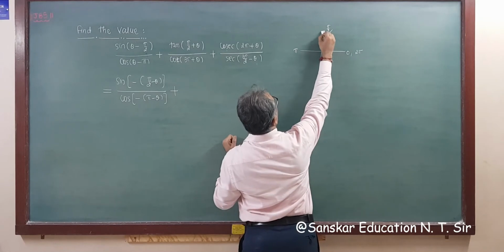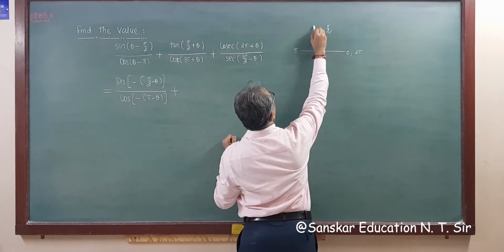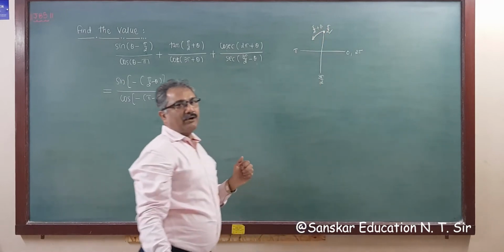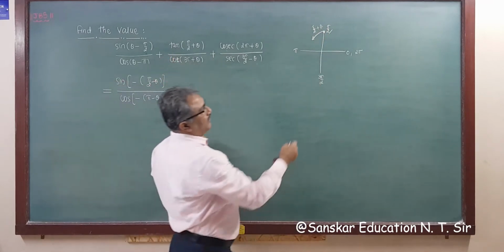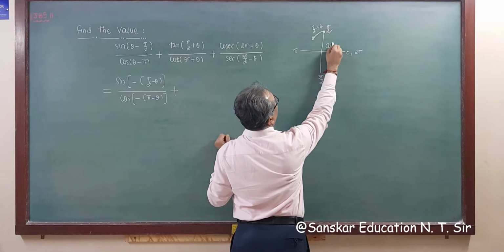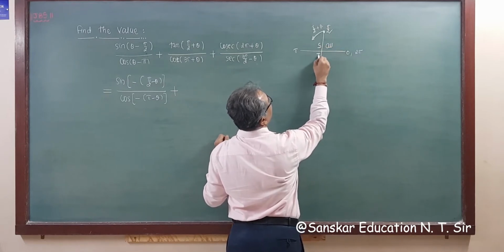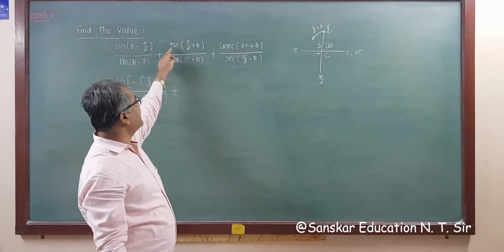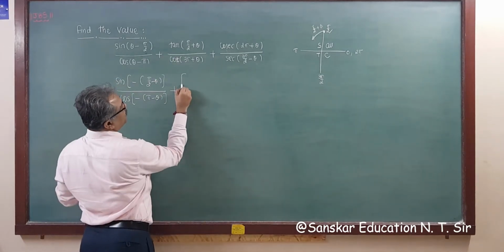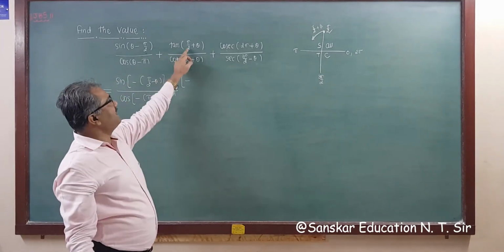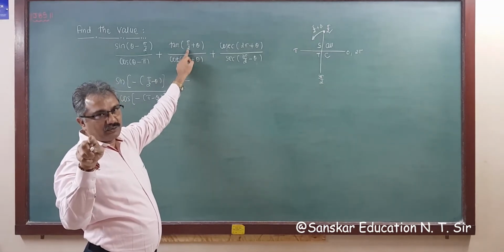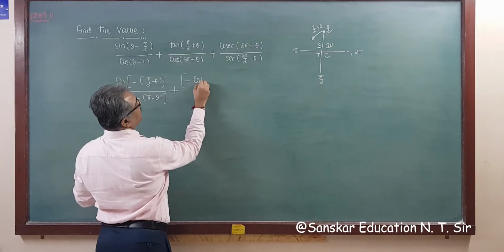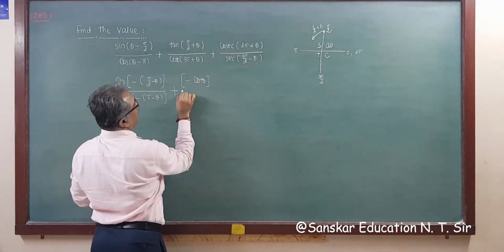So this is pi/2 plus theta. In the second quadrant, is tan positive or negative? By ASTC, only sine and cosec are positive, so tan is negative. Now change: yes, it is a multiple of pi/2, so tan changes into cot, and theta is theta. So cot theta.